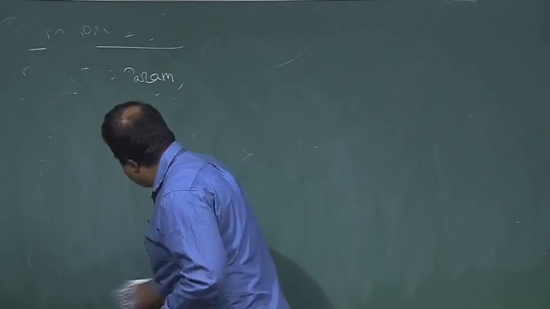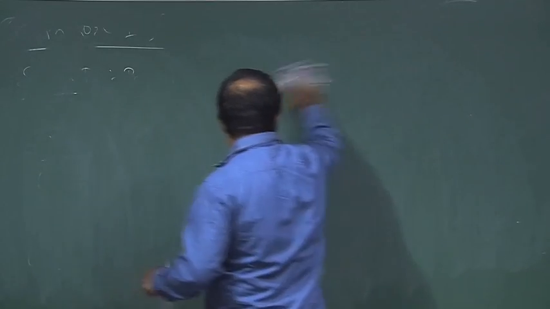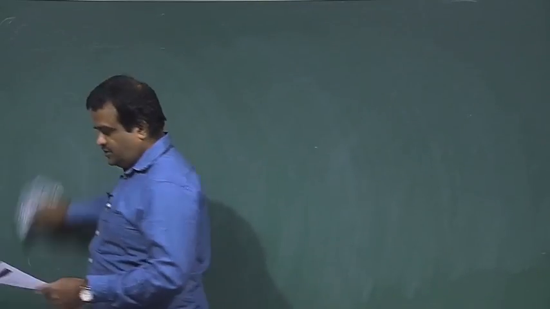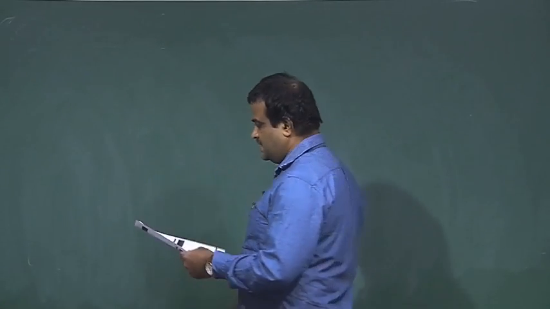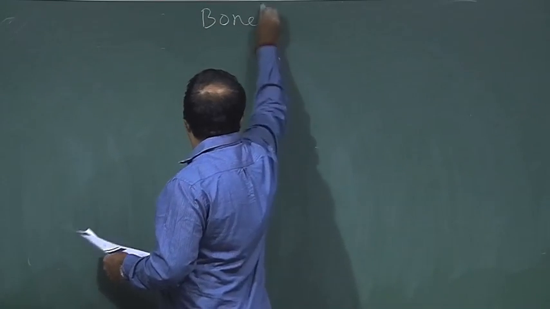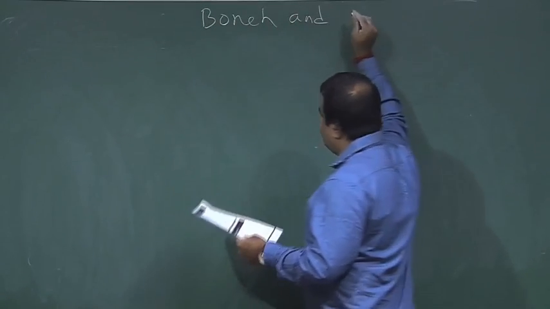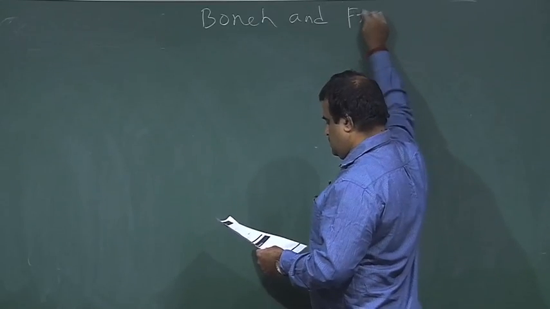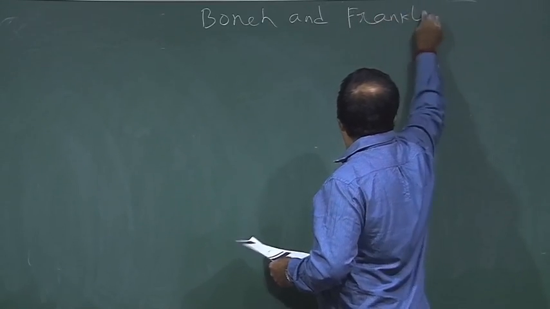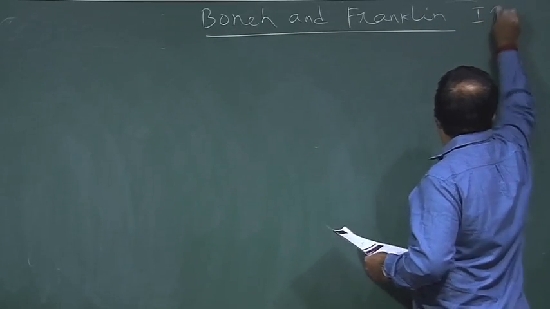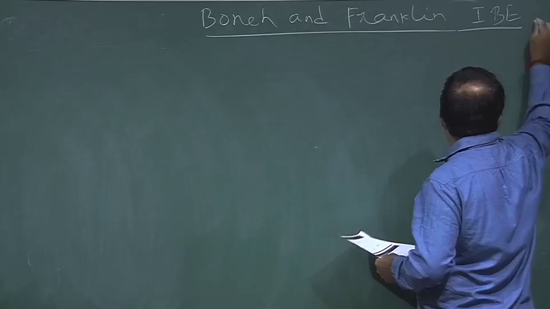which is by Boneh and Franklin. This work was published in Crypto 2001, identity based encryption.